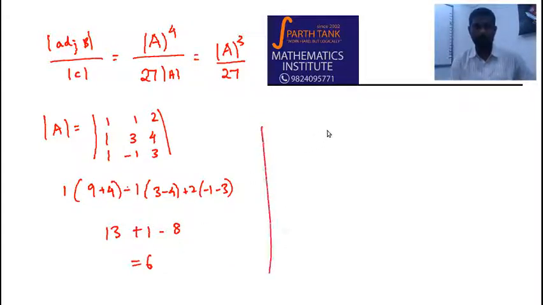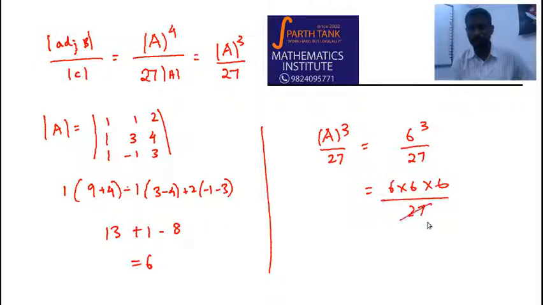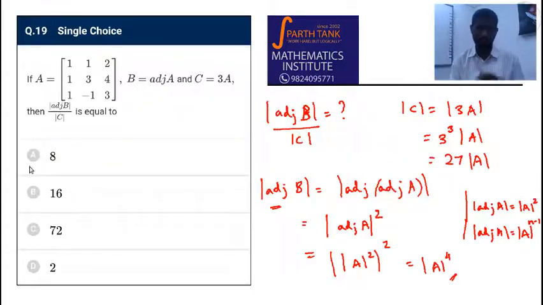So the answer is determinant of A cubed by 27, which is 6 cubed by 27, which is 6 into 6 into 6. And you can cancel the 3 threes here, right? And it becomes 2, 2 and 2. So 8. The answer is option A, 8. Very simple problem.